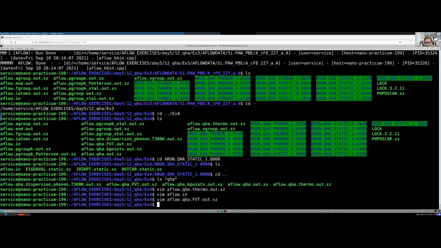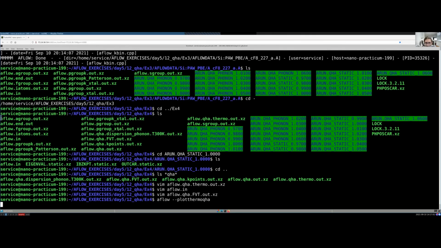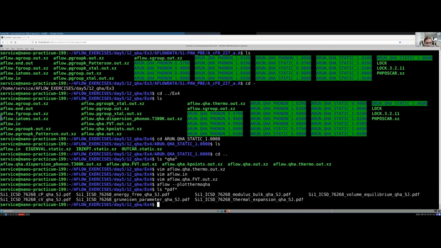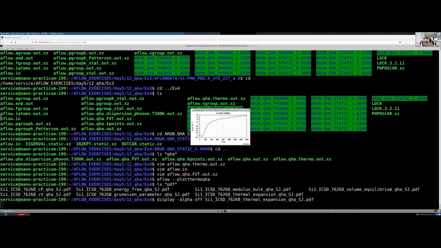The last thing I wanted you to do is to run the AFLOW-plot thermo-QHA command. This command will read the thermo out file and generate plots of thermodynamic properties for you. So here you can see you have several of them. For example, if you want to have a look at thermal expansion, we can specify the file.